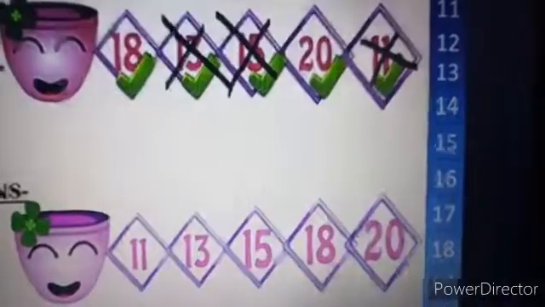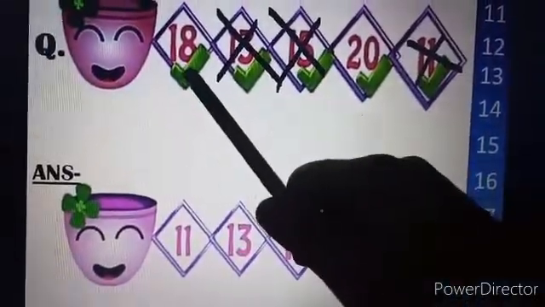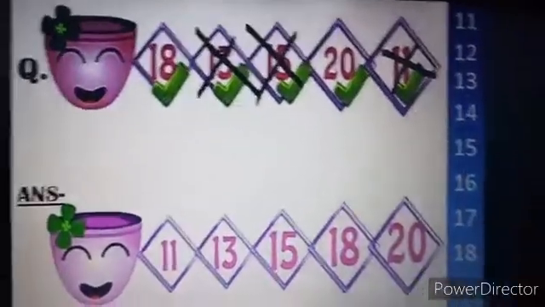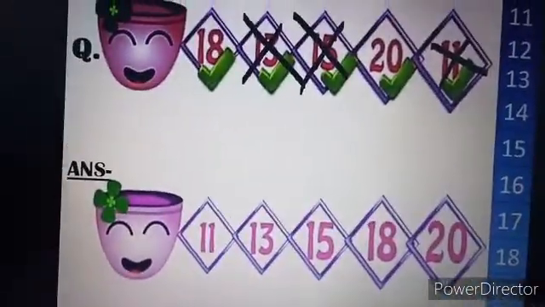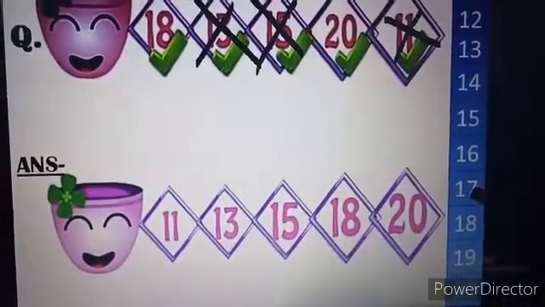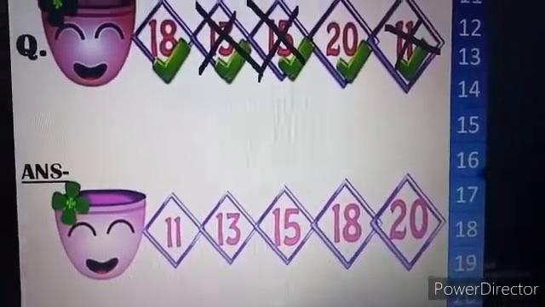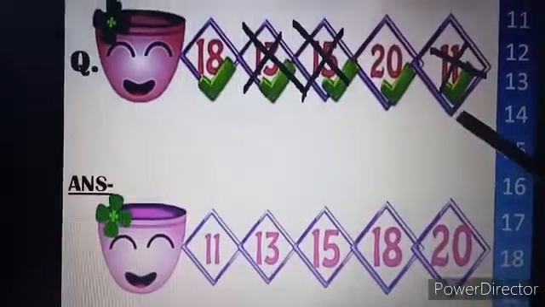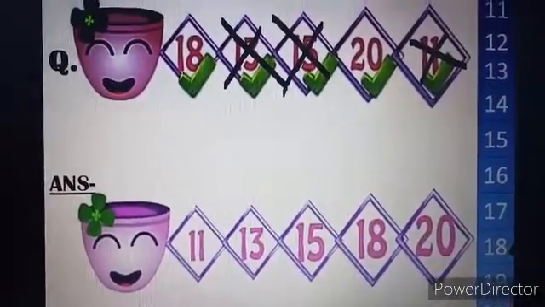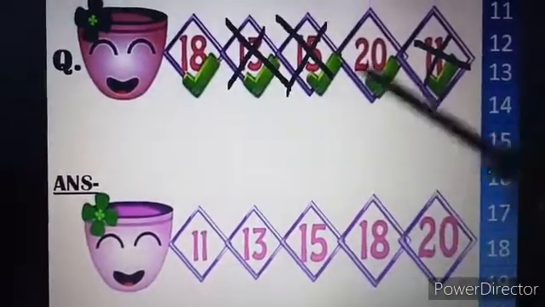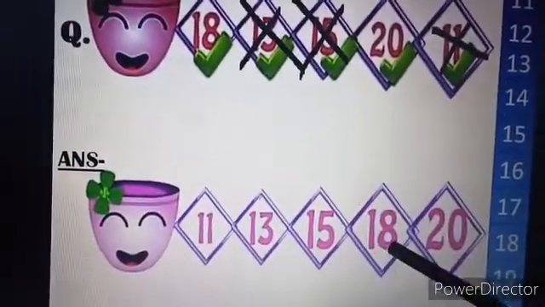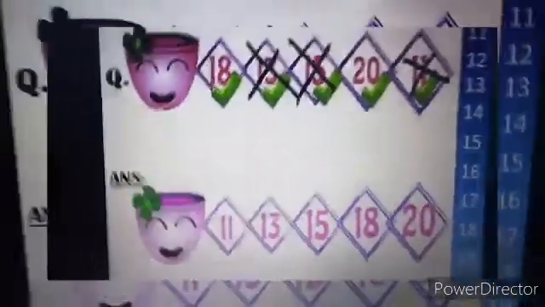Okay, now see the remaining numbers, 18 and 20. Which one is the smallest? See, after 15, we have 16 and 17. But these two numbers we don't have in this question, right? After 17, what number is there? 18. Is 18 there in this question? Yes, 18 is there. Now write 18, the next smallest one.